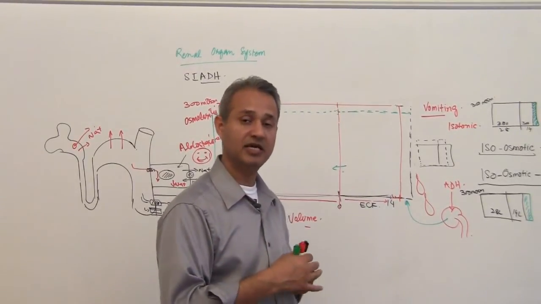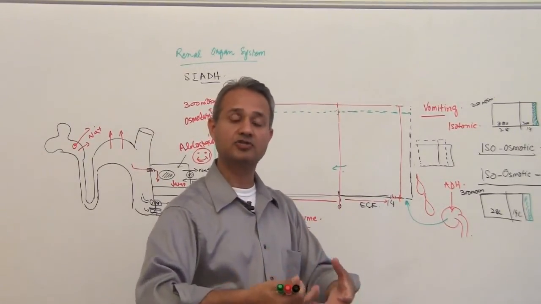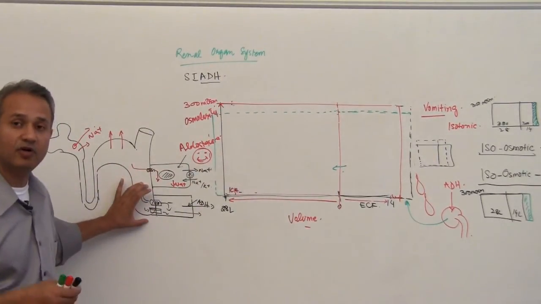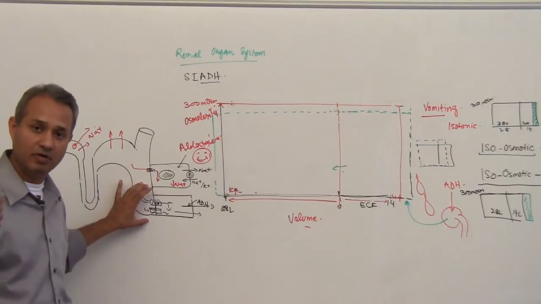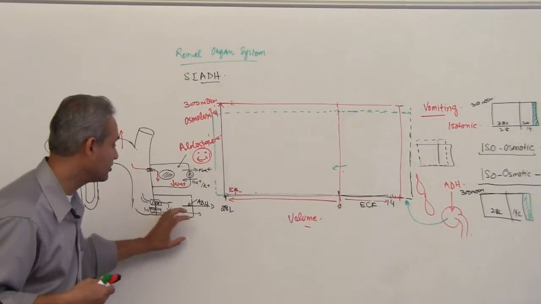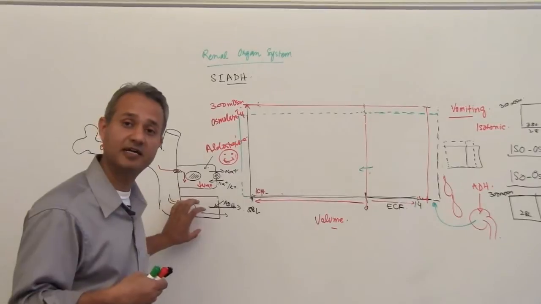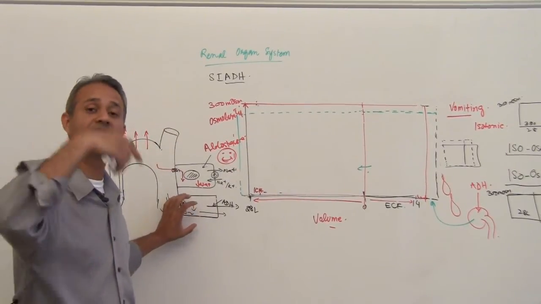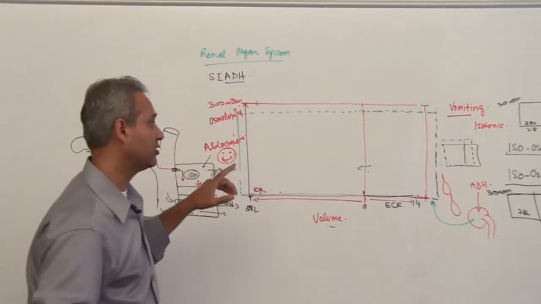Diabetes insipidus is that a person cannot concentrate urine. The water which reaches here, that water is not picked back up. Why is that not picked back up? This water was going to be picked up by the channels created by ADH. ADH is not there. Why is ADH not there? ADH could be not there because of two reasons.